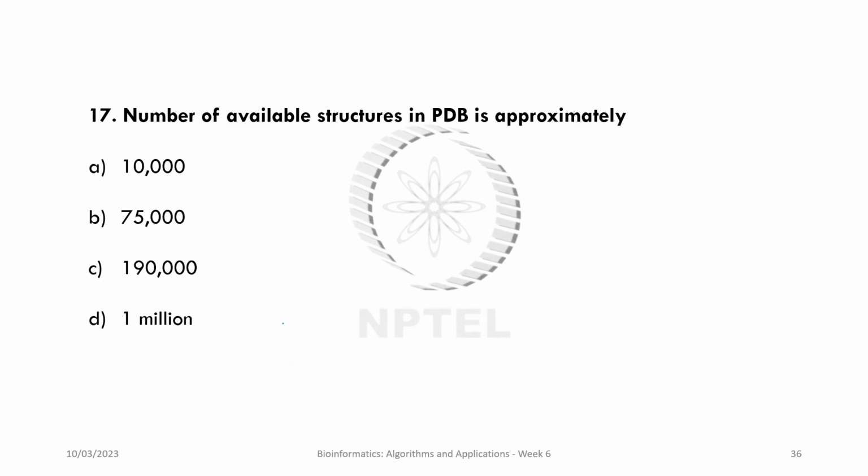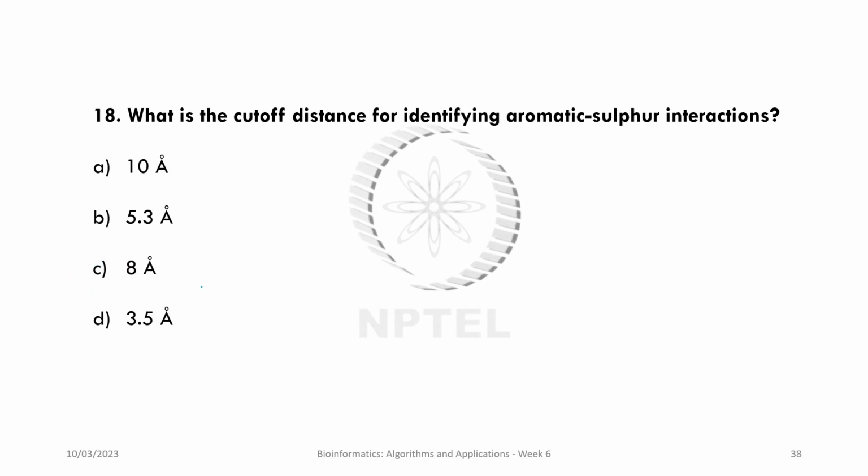Okay, nobody else. Thank you, Priyanka. It's option C. It's actually close to 2 million now, but this is the closest option that we have. Thank you, Madalita.